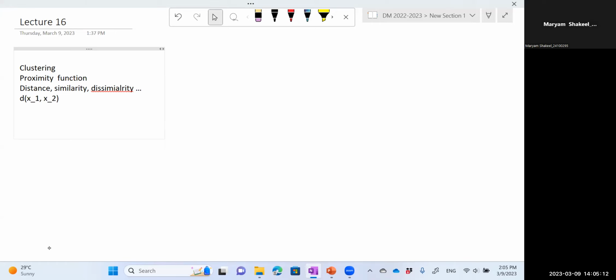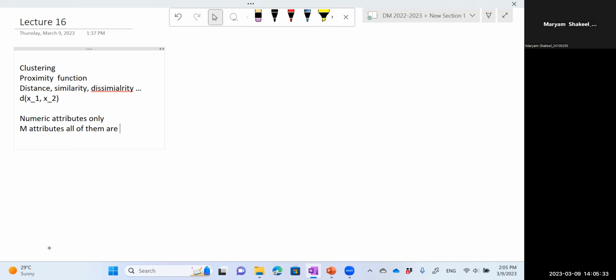So now let's quickly go over the various distance functions or dissimilarity functions. So first of all, let's think of objects that are described by numeric attributes. So we have m attributes.